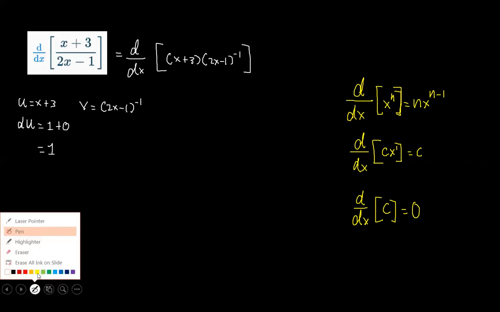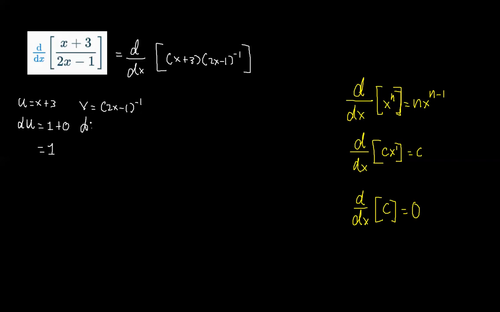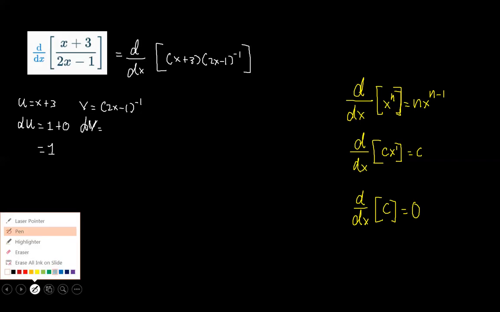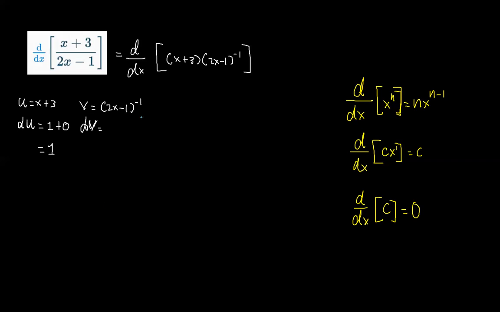So first, for dv, differentiate the outer part. The outer part here is the exponent negative 1, right?